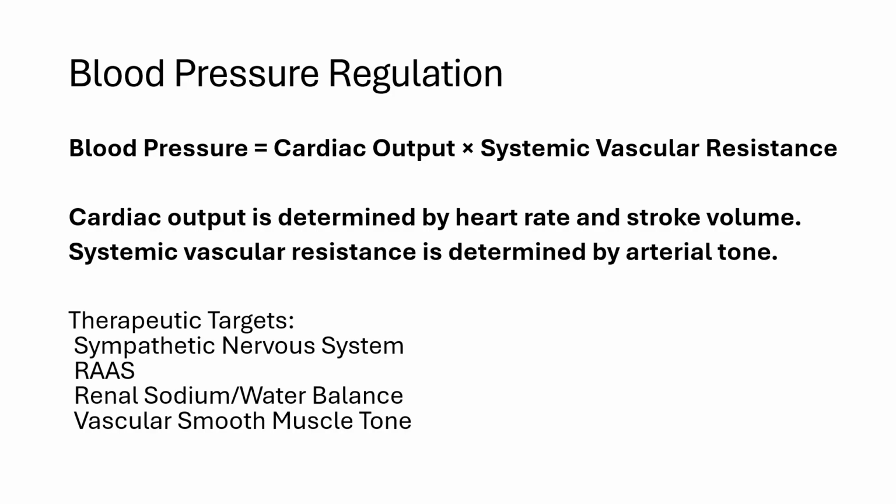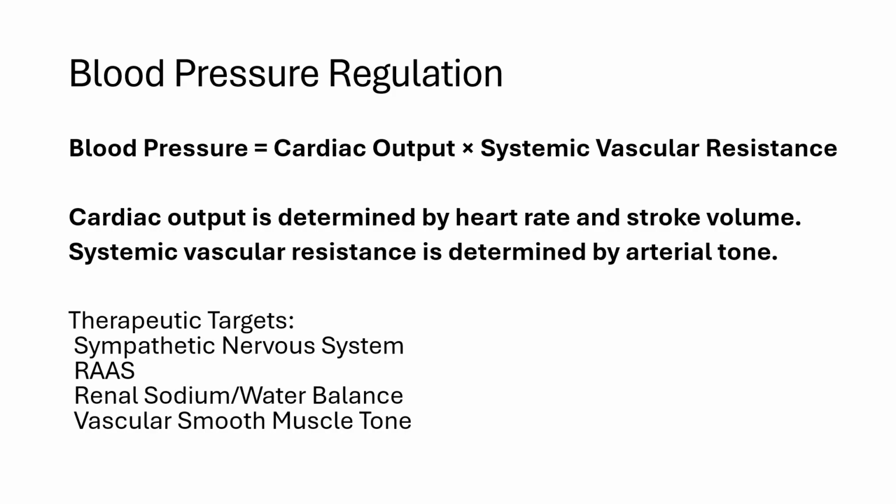And third, renal sodium and water balance. Diuretics reduce intravascular volume, which lowers cardiac output initially, and systemic resistance over time is reduced. And then fourth, vascular smooth muscle tone. Calcium channel blockers and direct vasodilators reduce arterial constriction.